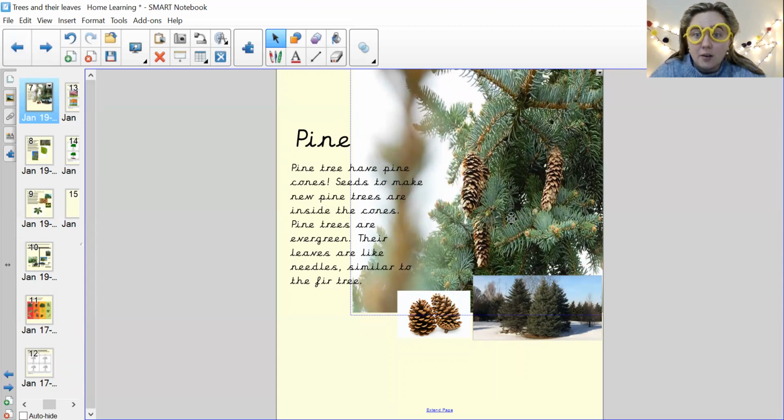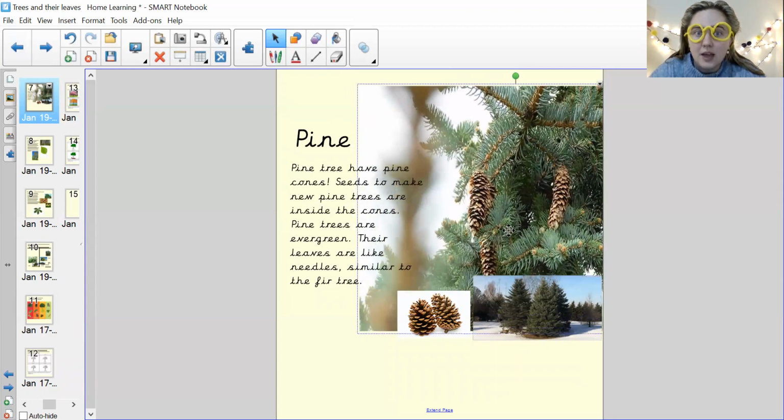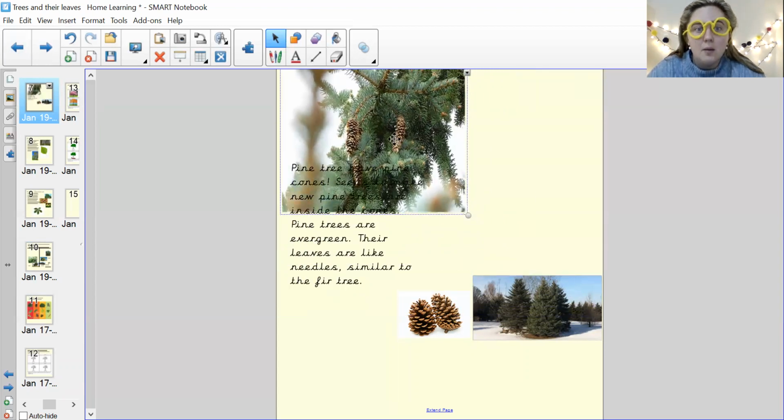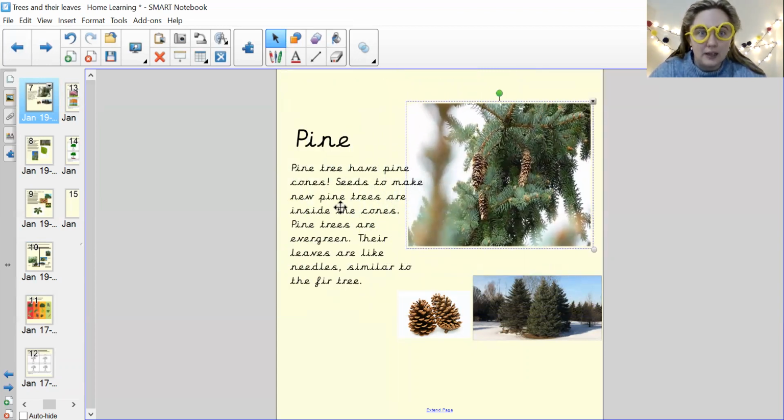Well, they're all spiky and small, aren't they? So that means that it is evergreen. Pine trees are evergreen. They have pine cones on them. I'm sure you've seen one of these before. Inside the pine cones, there are seeds that make new pine trees when they plant themselves in the soil.